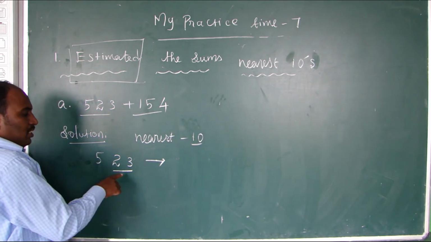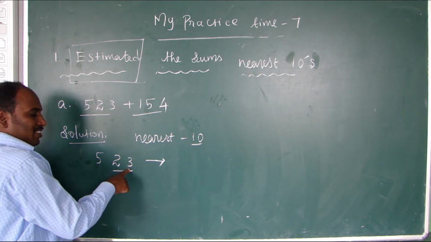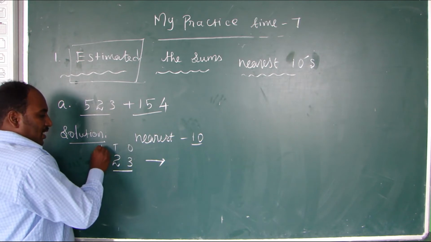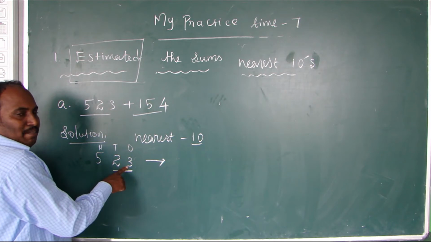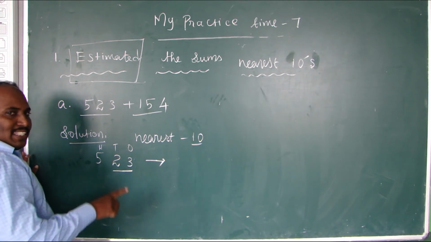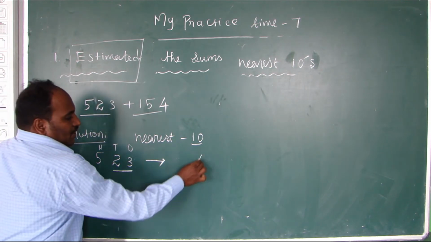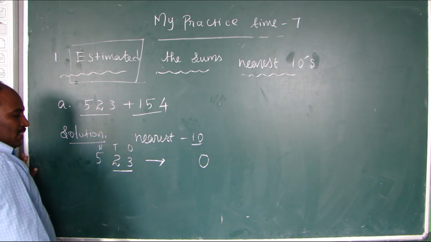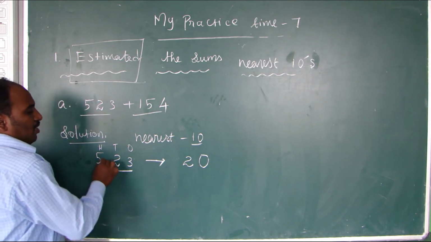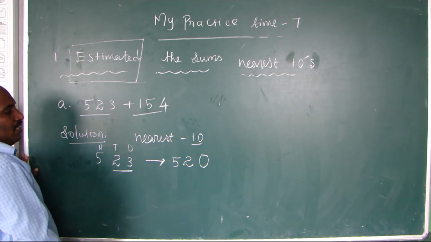Nearest 10 means we consider the number 3, because 3 is the ones place. Ones, tens, hundreds. The ones place is 3, less than 5, so the ones place will be 0, and there is no change in the tens place and hundreds place.